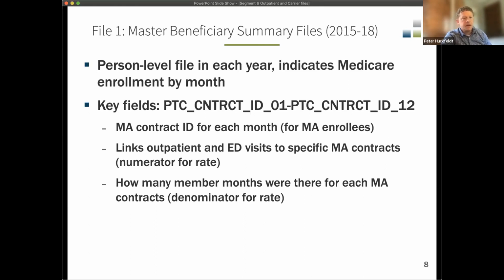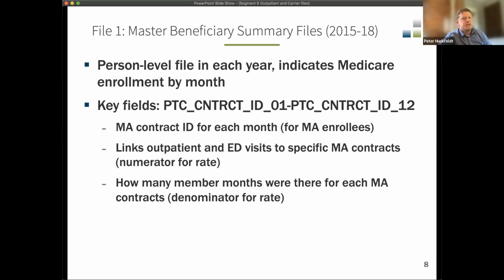And we use these fields to calculate both the numerator and the denominator. First, we needed to be able to link outpatient and ED visits to specific Medicare Advantage contracts. So if we see a visit for a given beneficiary in the encounter data, and then we know from the MBSF which contract that beneficiary was in a given month, then we're able to construct this numerator for the number of outpatient or ED visits to that contract in a given month.